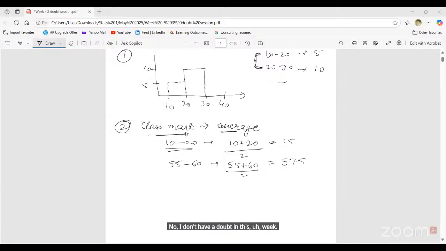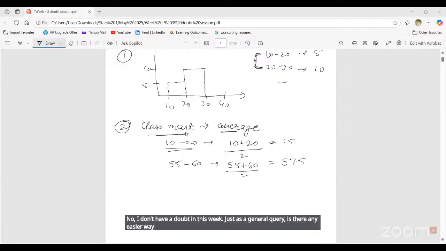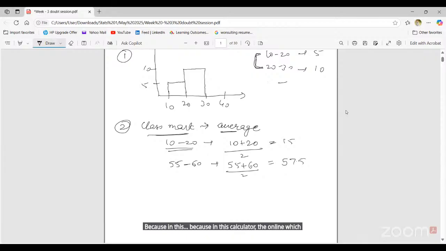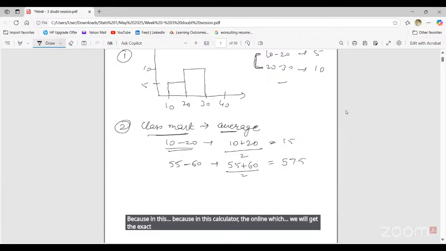Just as a general query, is there any easier way to calculate the variance? The issue is with this online calculator. We will get exactly this type of calculator in the exam.